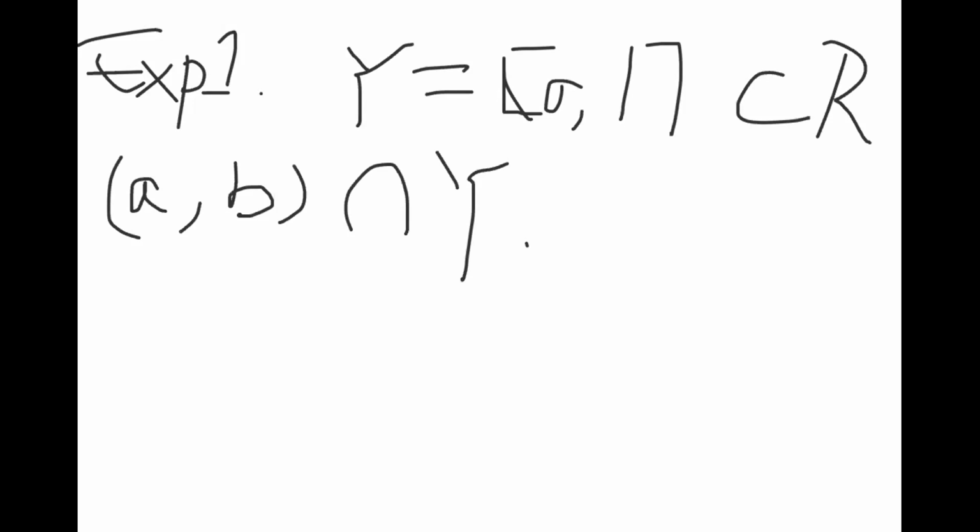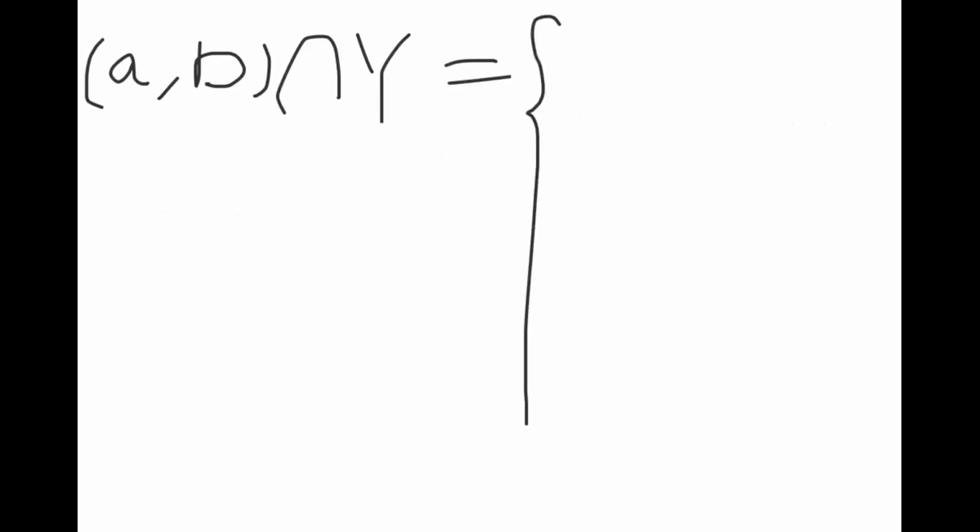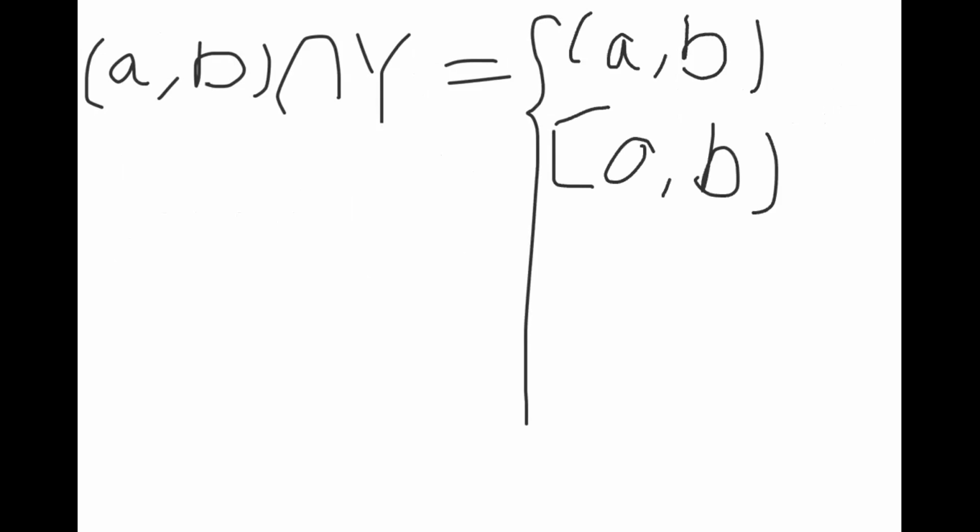So the topology of Y itself is the same as the topology that Y inherits as a subspace topology on R, which is very apparent because the subspace topology of Y can be written in four forms. The first one is like this, if a and b are both in Y. The second one is like this, if a is not in Y, and similarly this one, and if it's empty or Y itself.